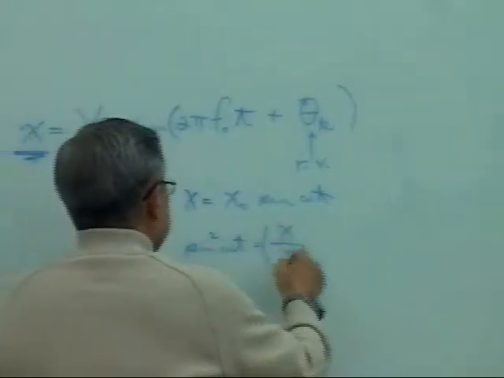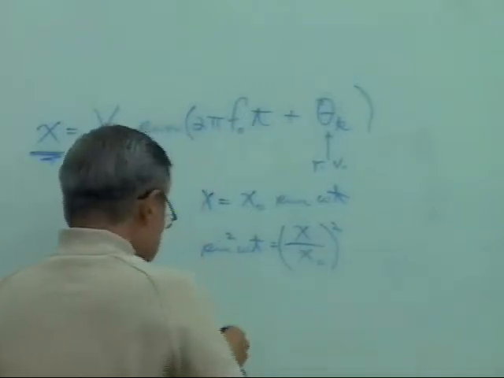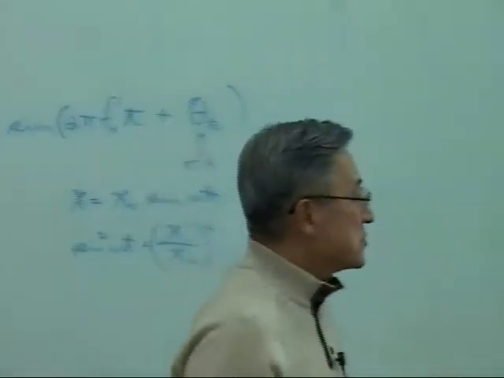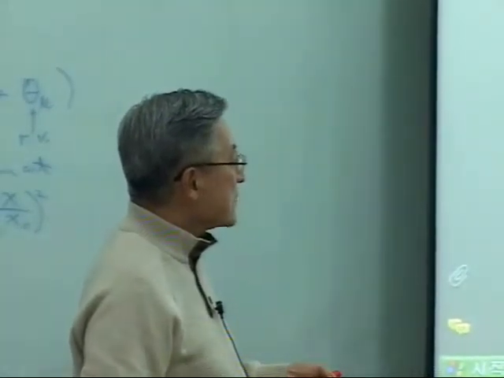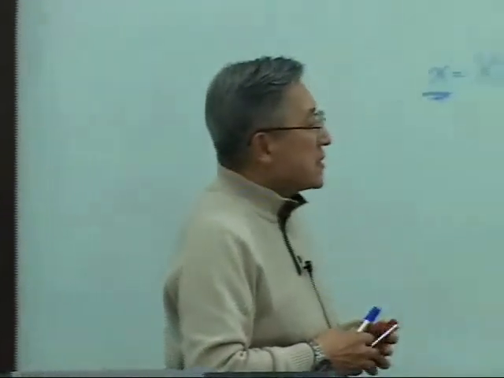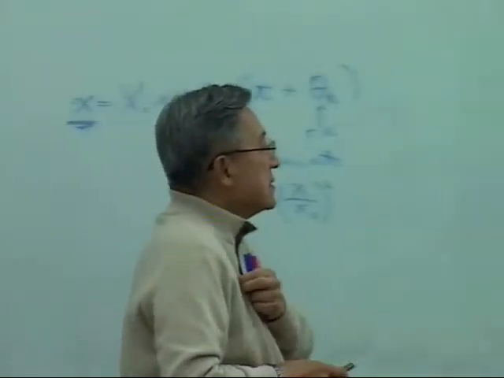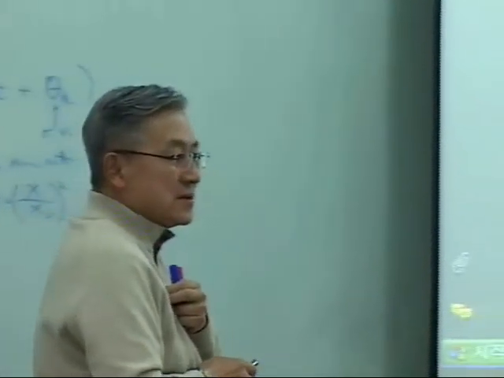I'm going to square it and replace this relationship down here. So I just change to different forms here. The bottom equation is the same as this. There's no difference. Okay, then let's look at this.